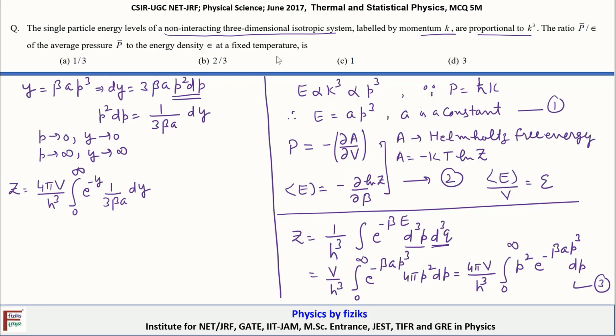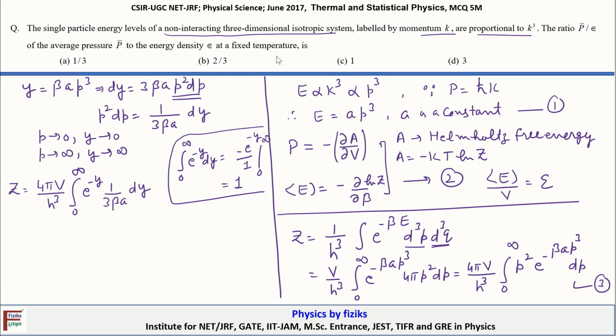Okay, so this integral of the exponential function will turn out to be unity. Let's see: 0 to infinity exponential minus y dy is exponential minus y upon minus 1, from 0 to infinity, and this turns out to be unity.